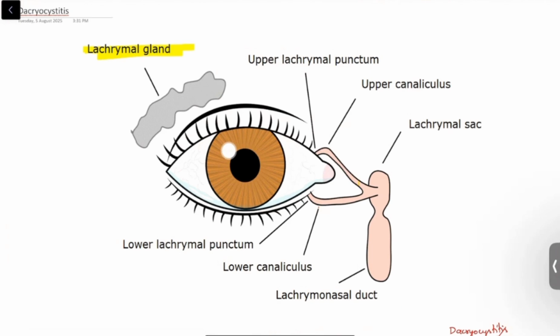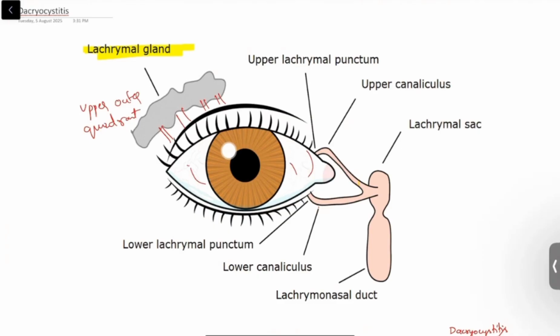Okay, so we all know the lacrimal gland is situated in the upper outer quadrant of the orbit, and it gives numerous 10 to 15 ducts which will in turn drain the tear or watery secretion into the eye, and once we blink it will get spread throughout.